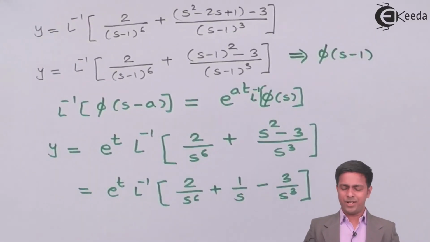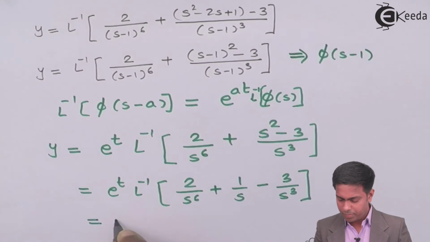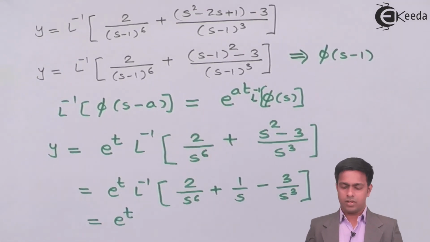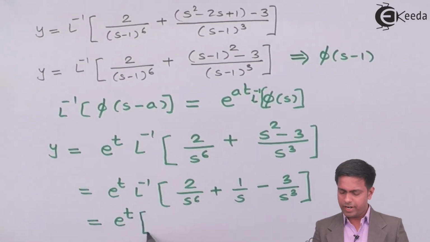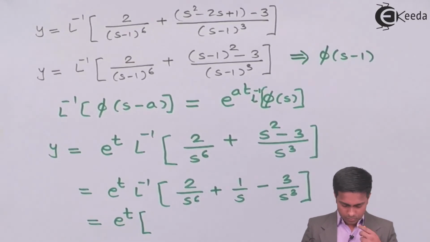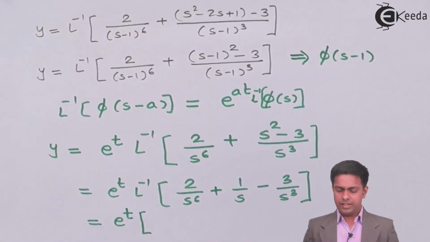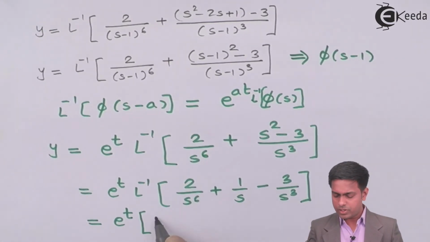So now we just have to find out the inverse Laplace transform of each term separately. So let's start. So here e to the power t as it is, and in the bracket I will find out the inverse Laplace transform of each and every term. Now guys, this 2 is a constant, I am taking it outside.